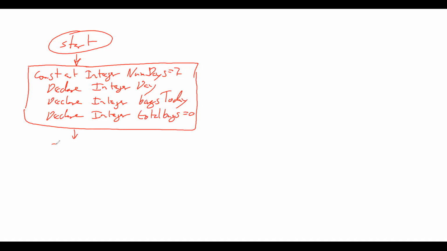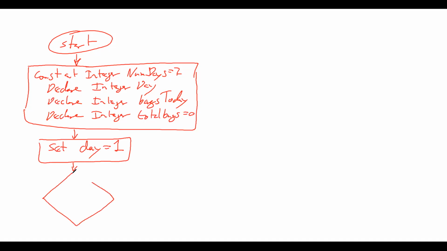All right, then we're going to set day equal 1. And then we have the conditional of the loop. Here I'm going to run out of room, so I'm just going to say A, and I'm going to continue that.